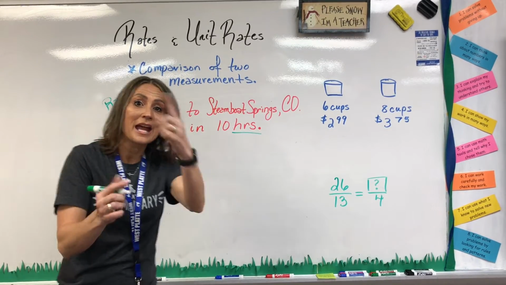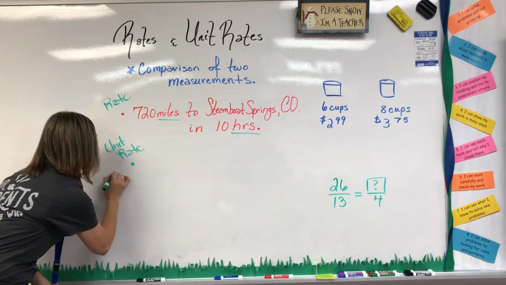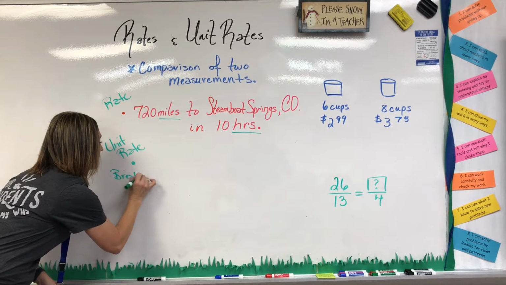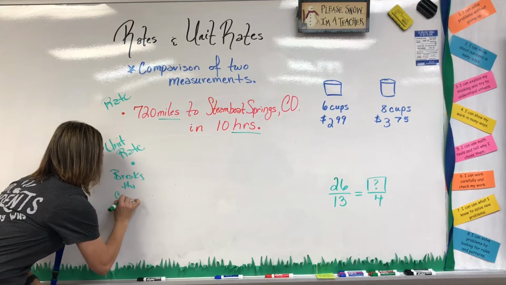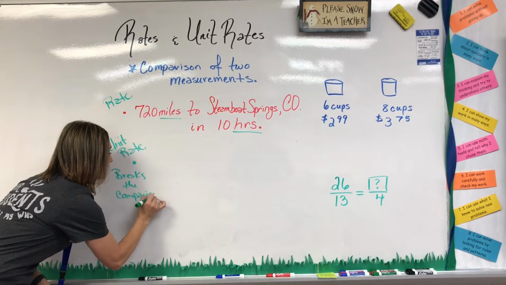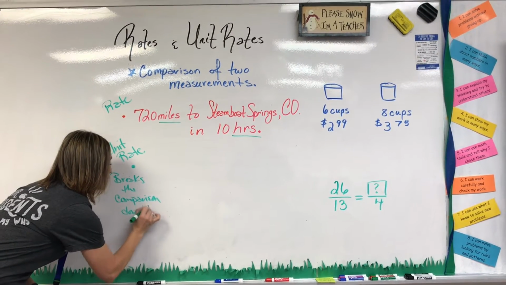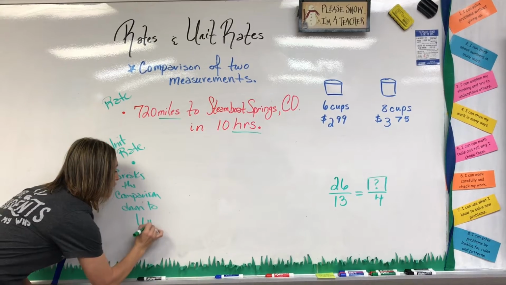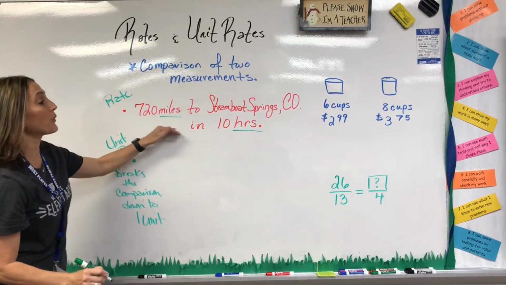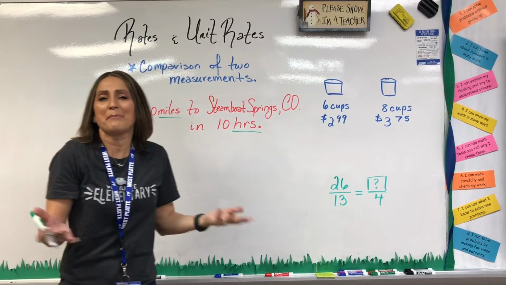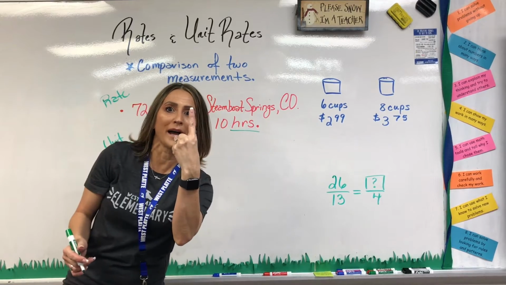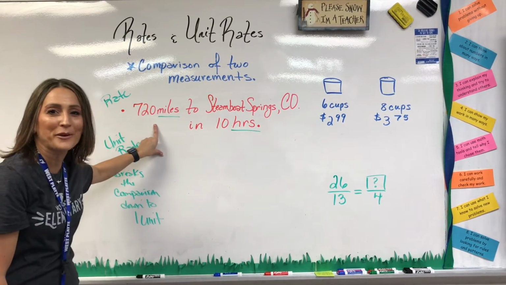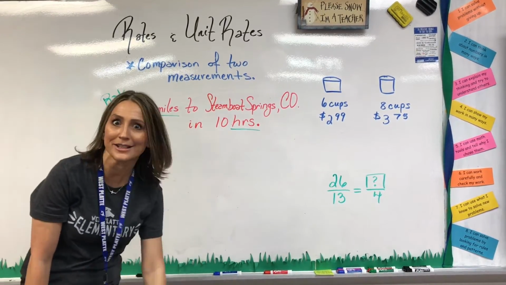That's a unit rate. A unit rate breaks the comparison down to one unit. And so when you have a rate, you have to look at what would be the best unit to break down into one. Well, do you want to go down to 1 mile and figure out how many seconds it took you?